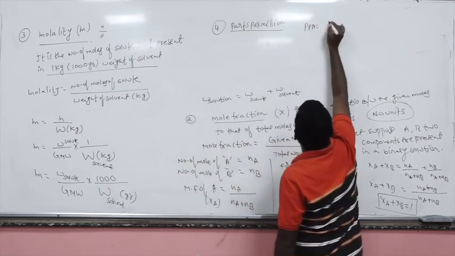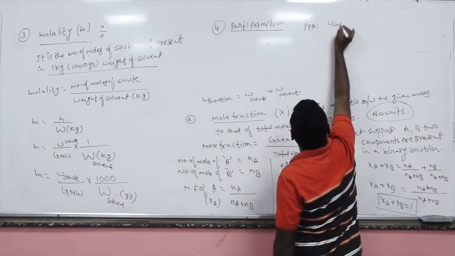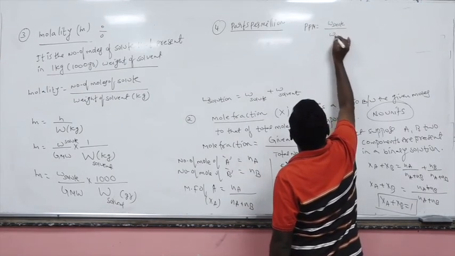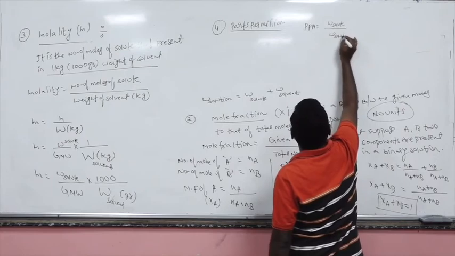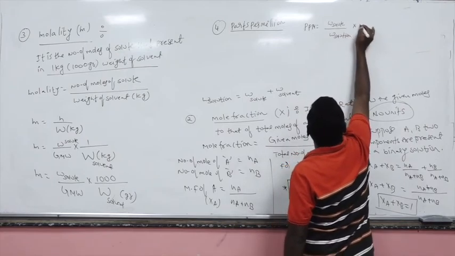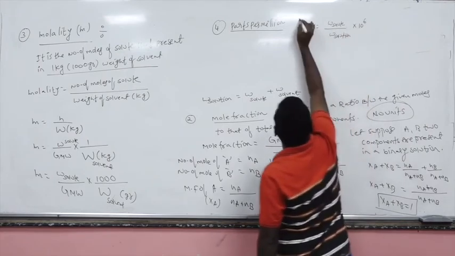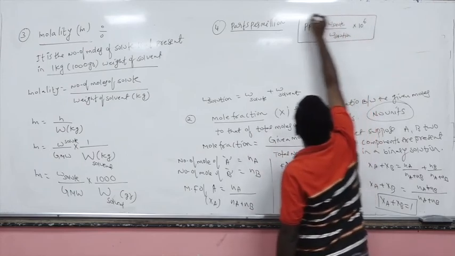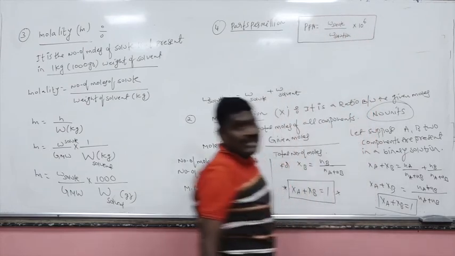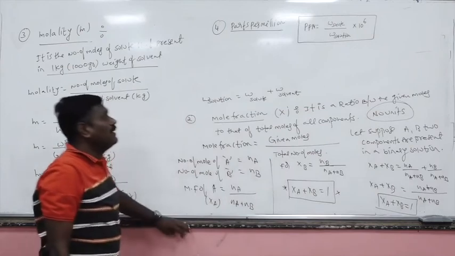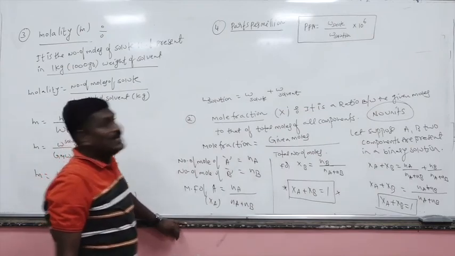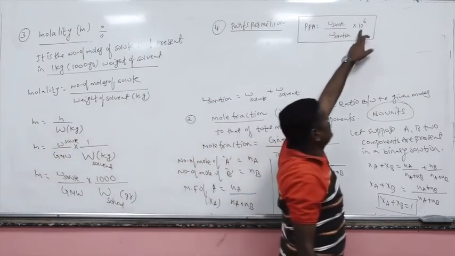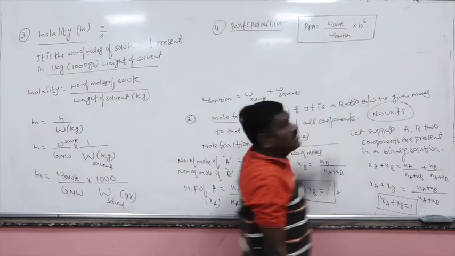It is the weight of a solute that is present in a million parts of the solution. 1 million is nothing but 10 lakhs, that is 10 to the power 6. So this is the weight of a solute divided by the weight of a solution per million parts, that is 10 to the power 6 grams of solution. How many grams of a solute are present?